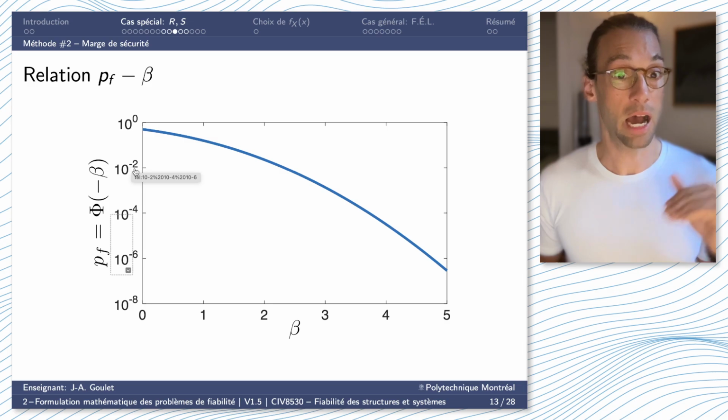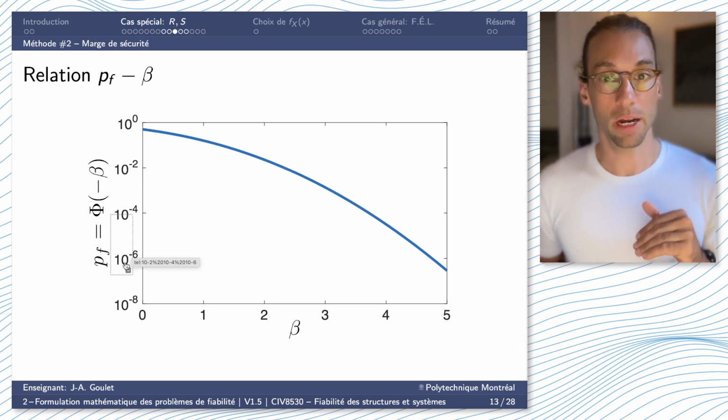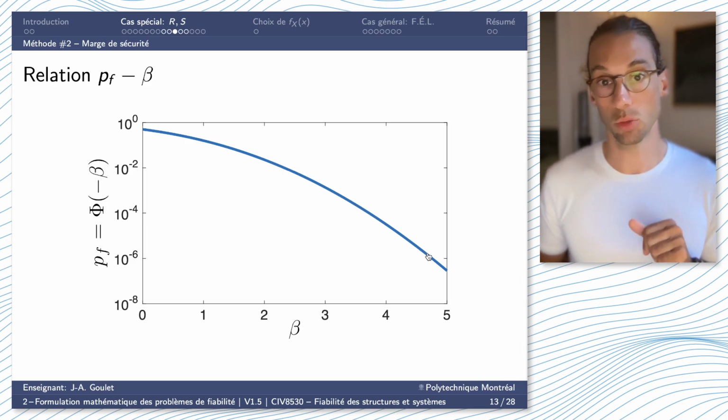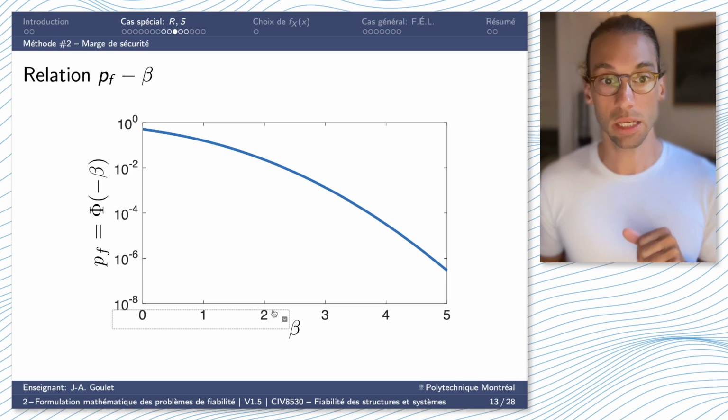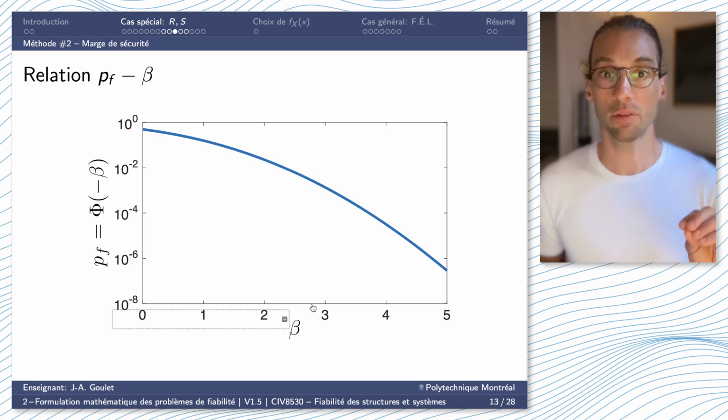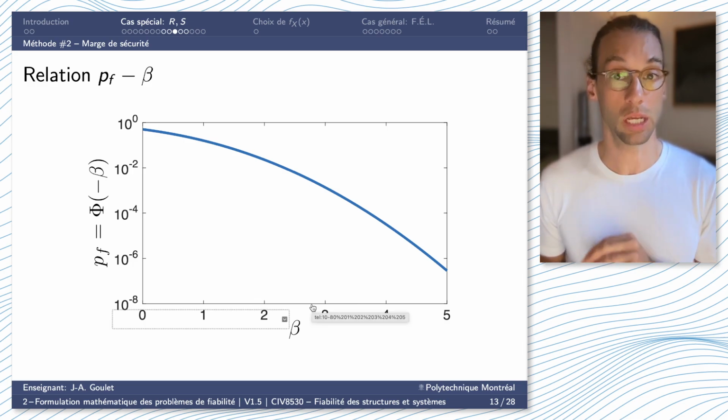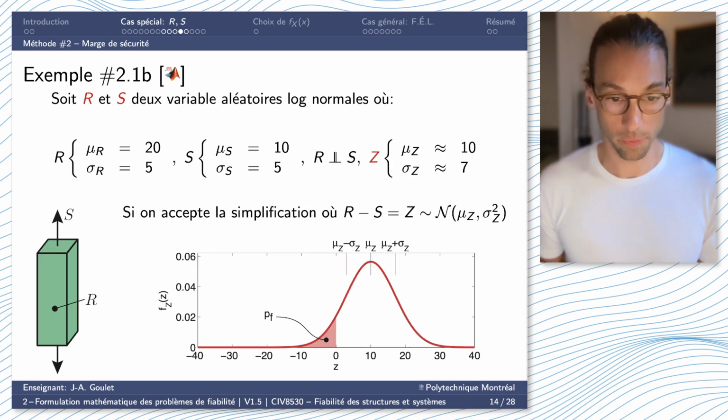This is fairly high. The opposite, if we're at 10 to the minus 6, 1 in a million, we're roughly at 4.5 in terms of reliability index. So for a unit change in beta, plus or minus 1 unit, we can span several orders of magnitude in terms of probability of failure. A small difference in beta makes a big difference in the probability of failure.